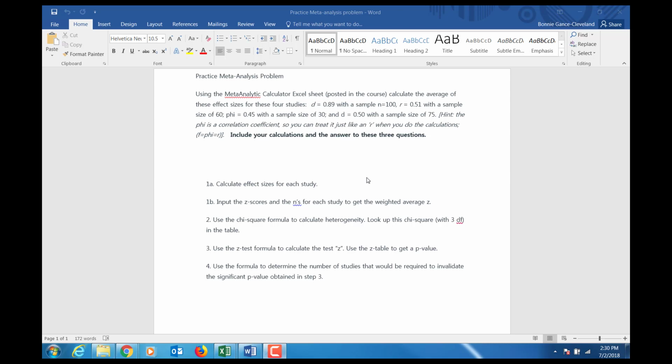You're going to use the z-test formula to calculate the test z and use the z-table to get a p-value. And then the last step is use the formula to determine the number of studies that would be required to invalidate the significant p-value obtained in step 3. So that's the assignment.